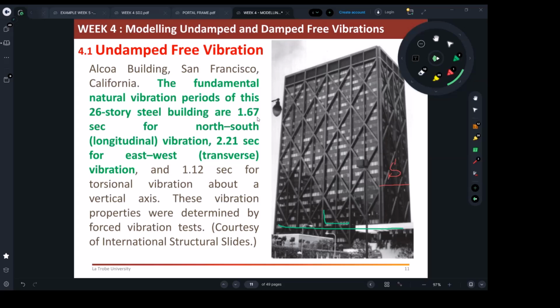Which one is going to vibrate along S or along L? Which one do you think will take a shorter time to vibrate?